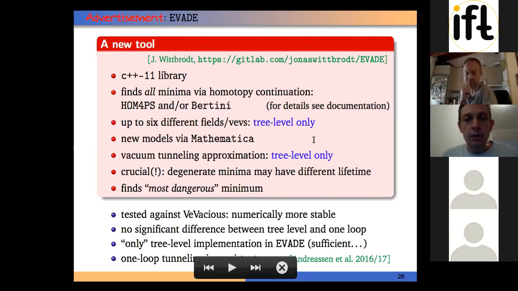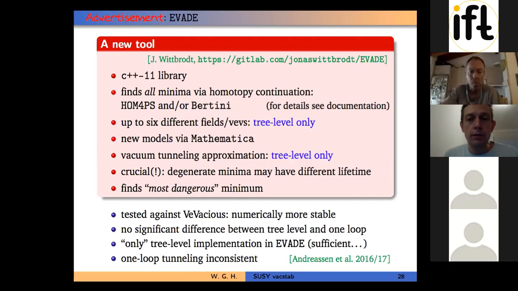However, I want to mention that we are only doing a tree-level analysis, which, when you compare it to the existing one-loop tool for these parameter scans, doesn't really make a difference, besides the fact that the available one-loop tunneling calculations might be theoretically a bit inconsistent, and there's some work to be done. But you can implement new models.